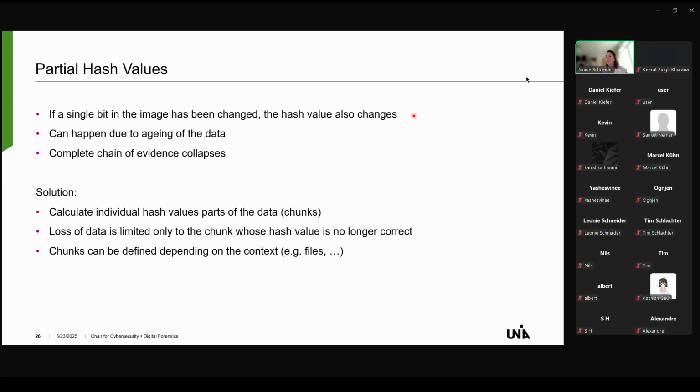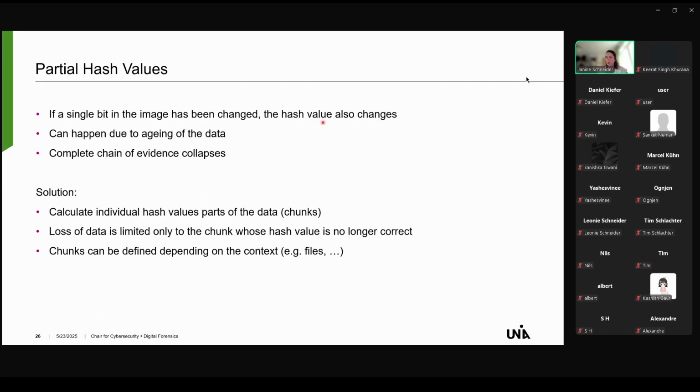So in hash tables, you use these special hashes that are more robust to little changes, but for images and the integrity check, you don't want that. You want to see if only a little bit of your image changed. So you don't use these robust hashes.